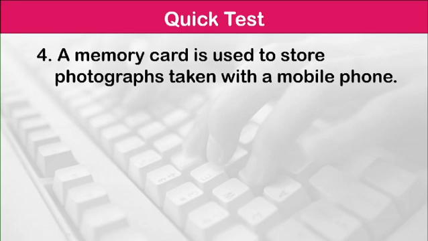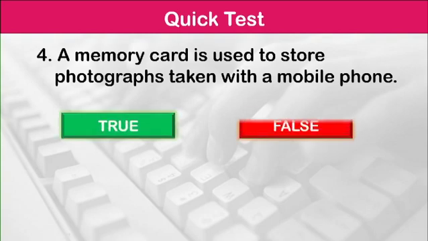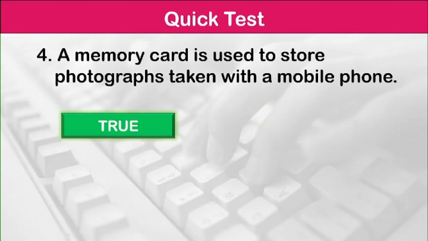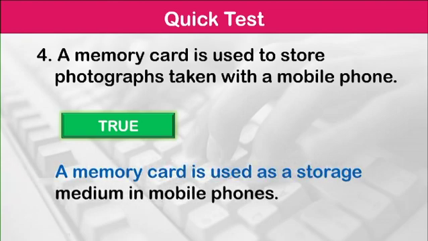Number 4. A memory card is used to store photographs taken with a mobile phone. True or false? The answer is true. A memory card is used as a storage medium in mobile phones.